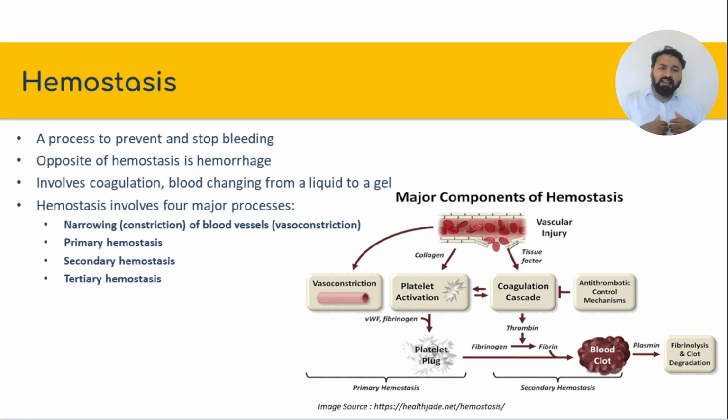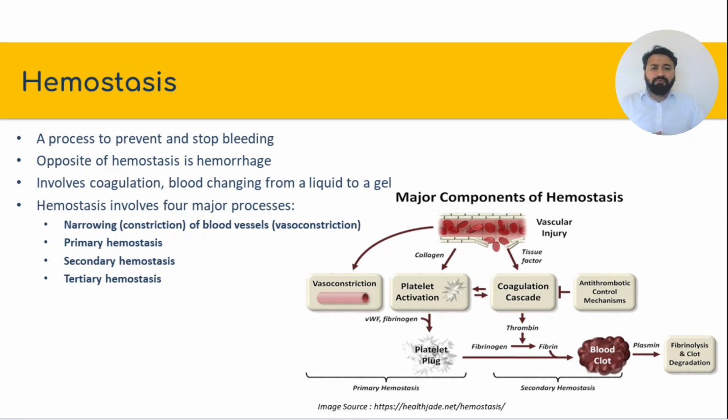These proteins are known as clotting factors. In the tertiary hemostasis, the clot attracts and stimulates the growth of fibroblasts and smooth muscle cells within the blood vessel wall, and they begin the repair process, which ultimately results in the dissolution of the clot. This dissolution of the clot is known as fibrinolysis.